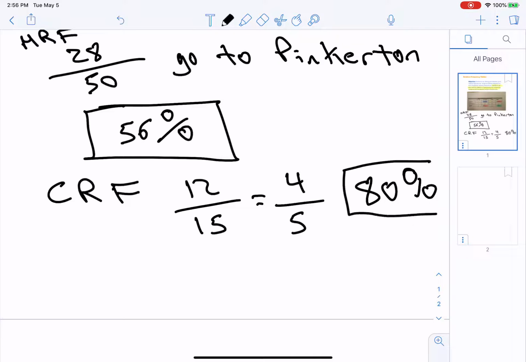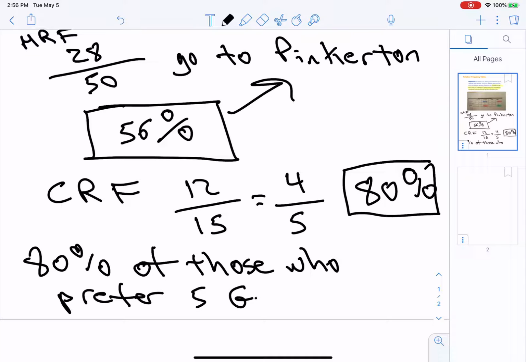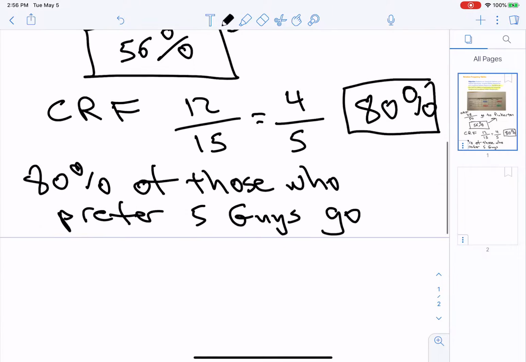So 56% of people go to Pinkerton. 80% of those who prefer Five Guys go to Pinkerton.